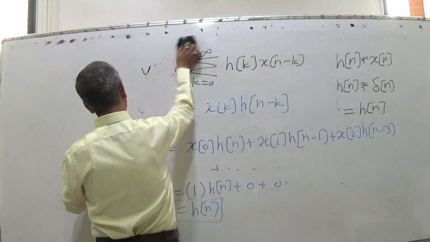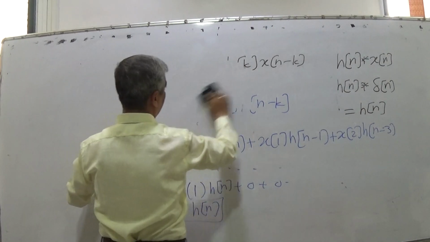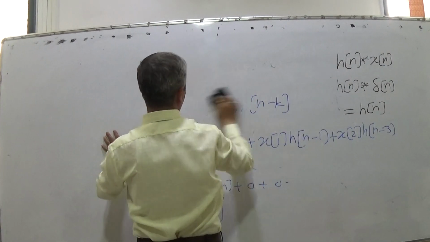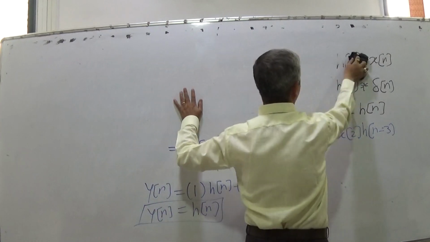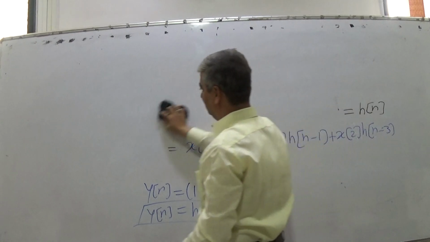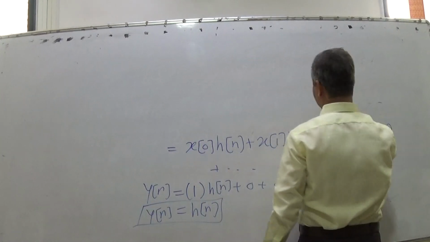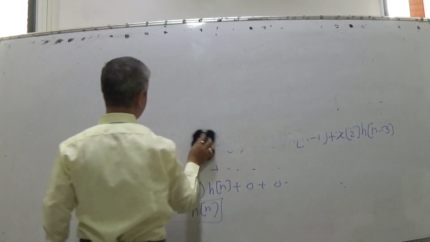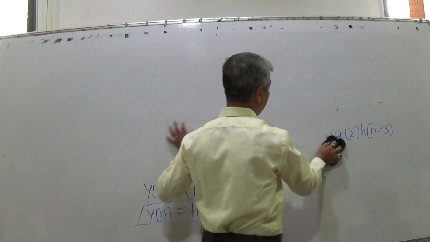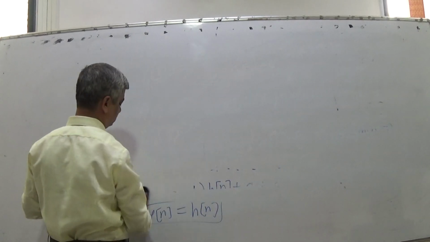Now, in the last lecture I told that if the summation h(k) x(n minus k) for k equal to 0 to infinity is, for k equal to 0 to M, with M finite, it is called a finite system, or a finite impulse response system.